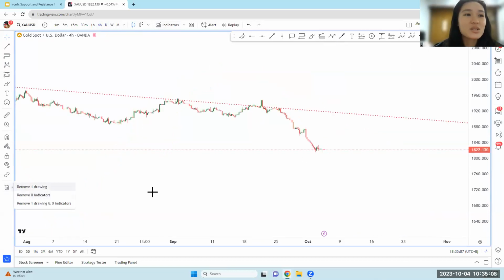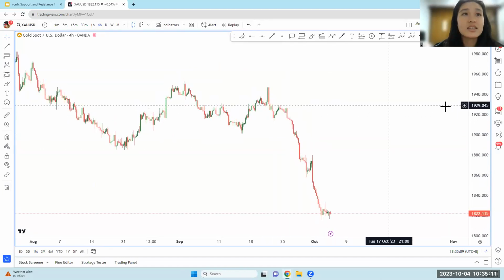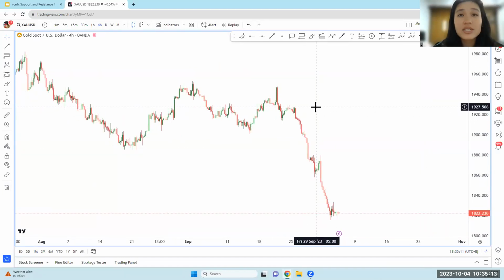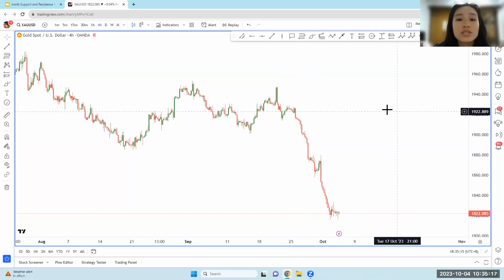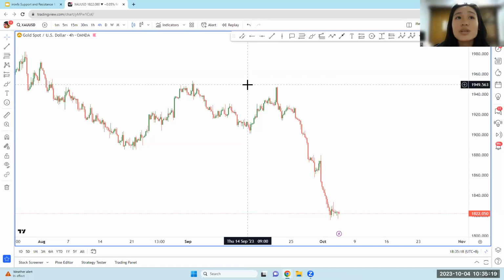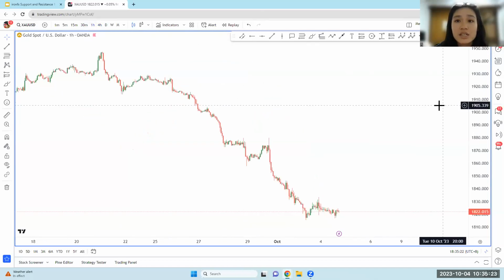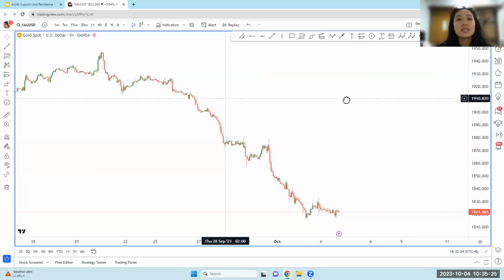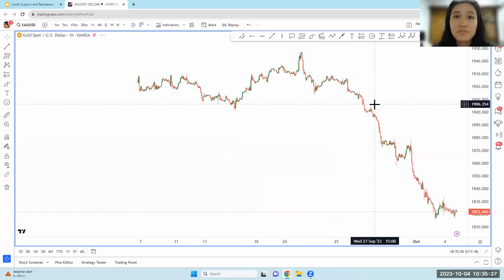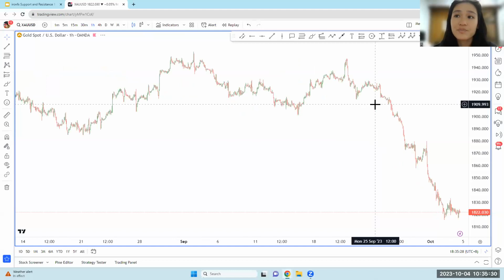Okay, so now let's look at the 4 hour time frame. We typically like to analyze either on the 4 or 1 hour time frames, and how we decide between the two, like I mentioned earlier, is by looking at the chart structure, the price structure.